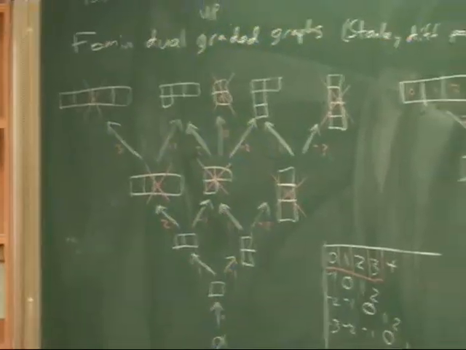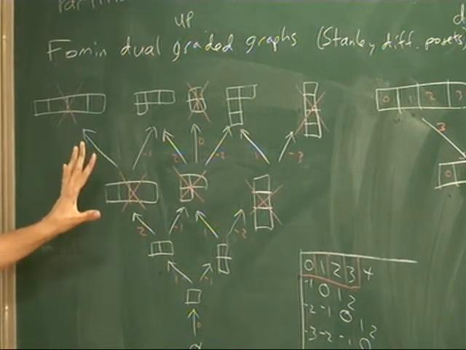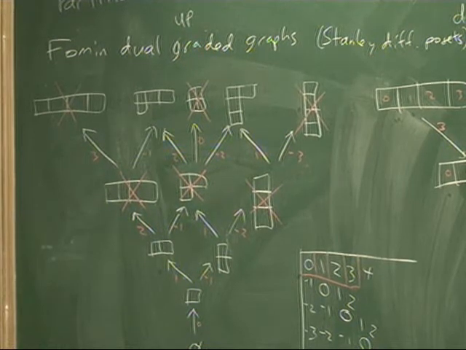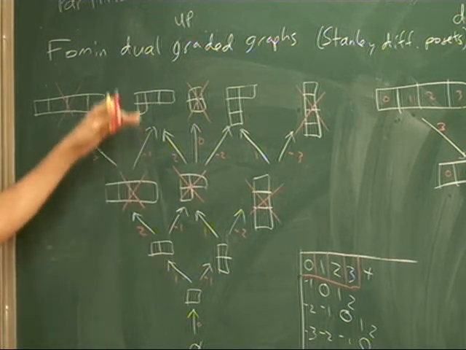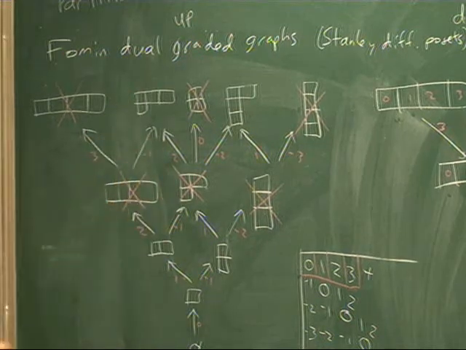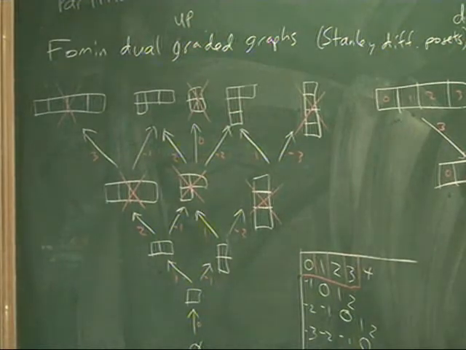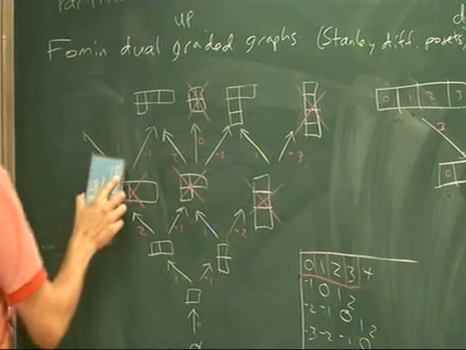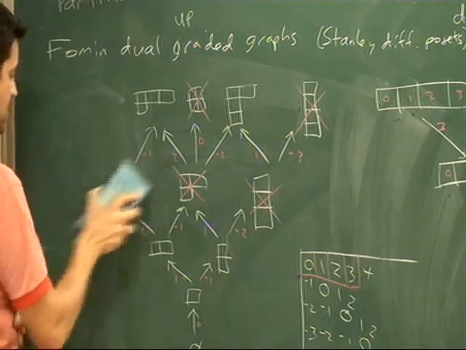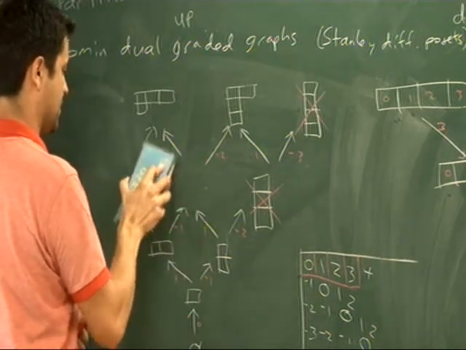Okay, so why don't we do the following? Why don't we just erase all the 3 cores from this drawing and keep the edges, by which I mean keep the inequalities, like if something is underneath another one, it stays there, and hope for the best. Let's see if we have a dual graded graph. So I erase this, this, this and this, and the label.